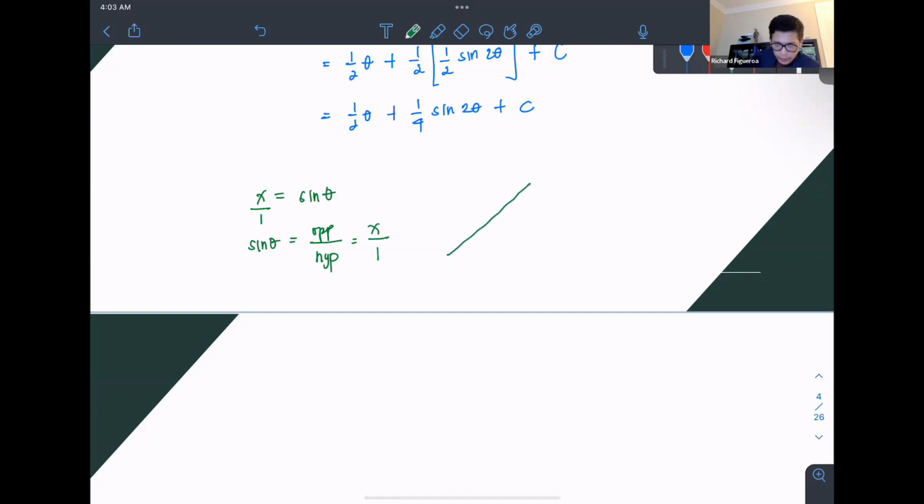So I'm going to draw a right triangle. Given that this is theta, this one will serve as the opposite side, which is equal to x, and this one will serve as the hypotenuse, which is equivalent to 1. So how do we get the remaining side?